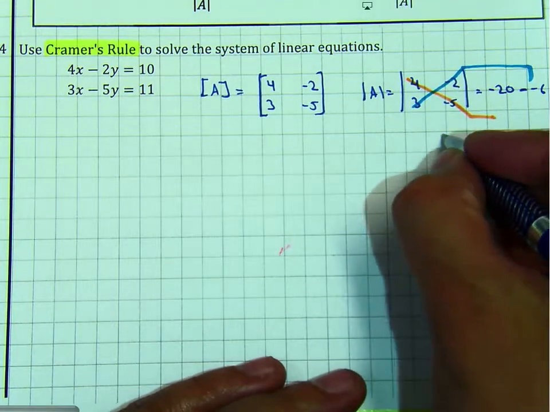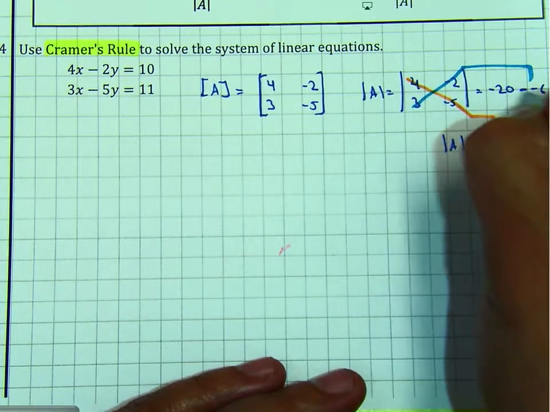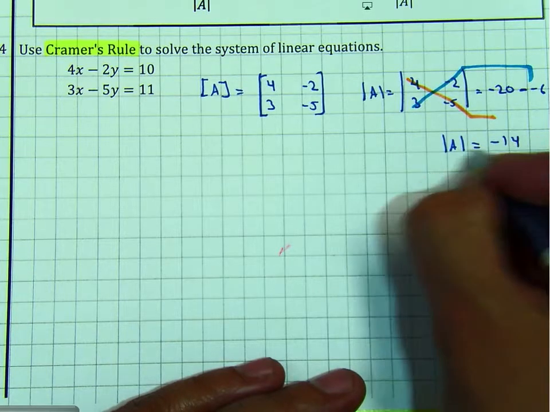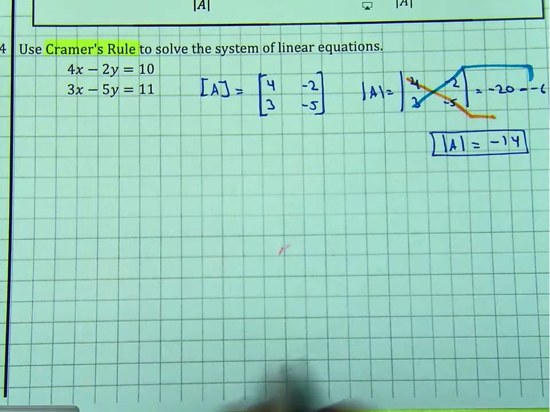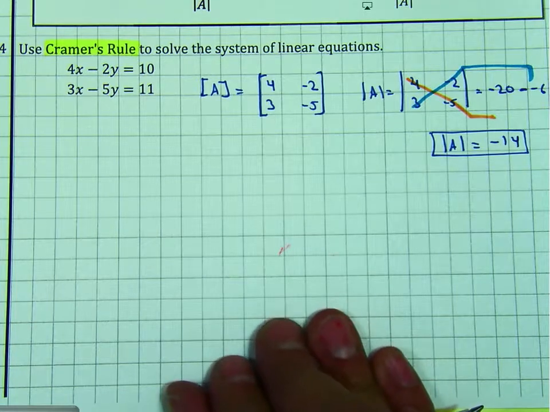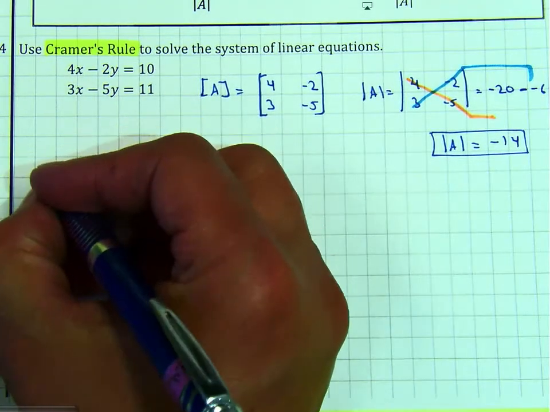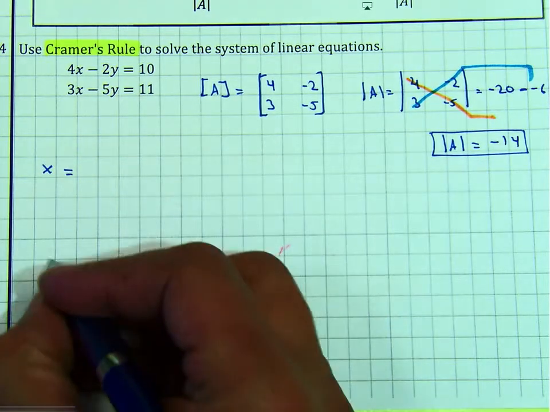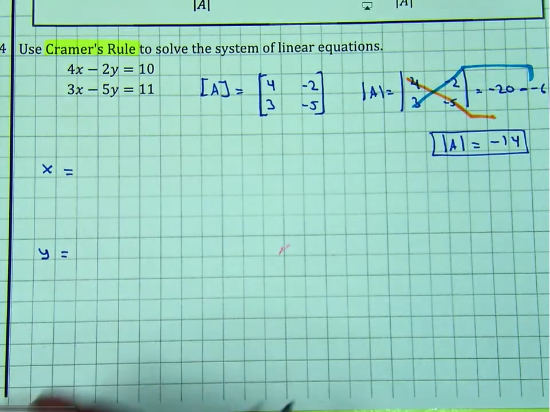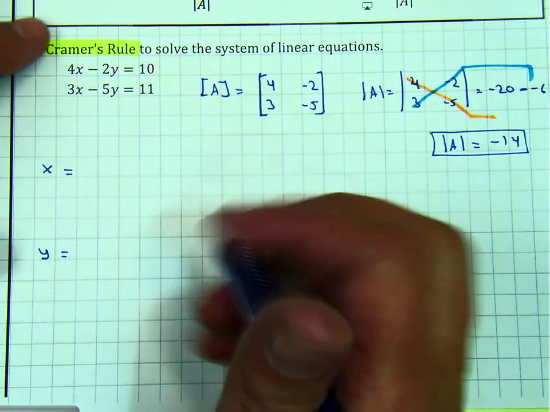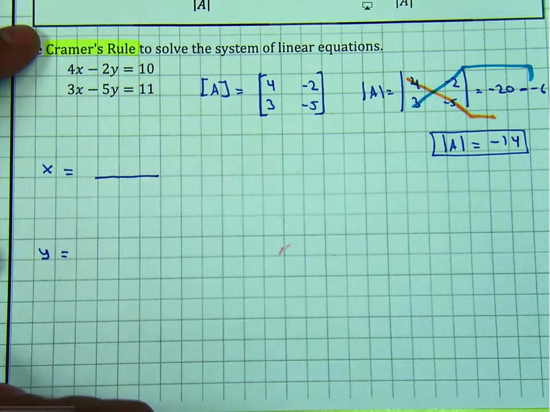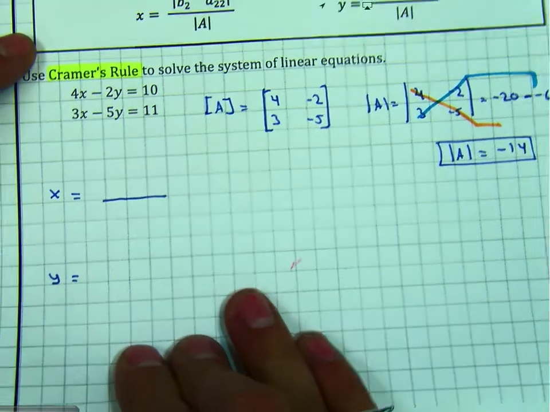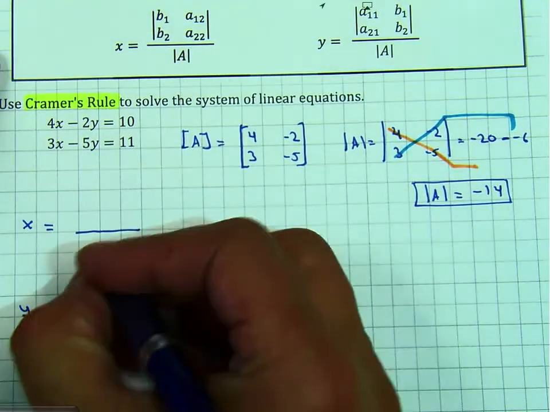So therefore, the determinant of A is equal to -14. And now I can find my x value and my y value. According to this, each one is going to be divided by the determinant of A. So in this case, it will be -14.